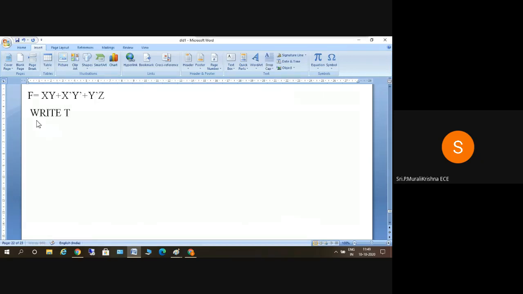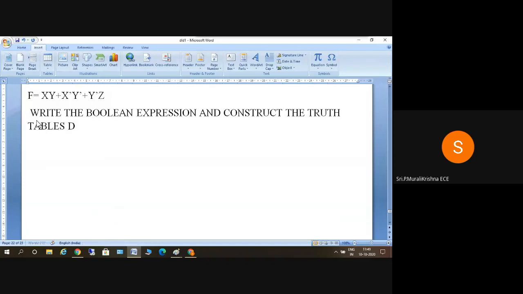Write the Boolean expression and construct the truth table describing the outputs of the circuit given below.